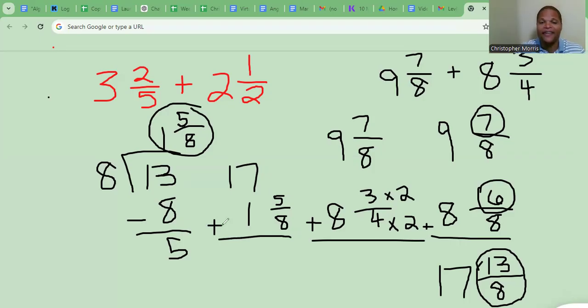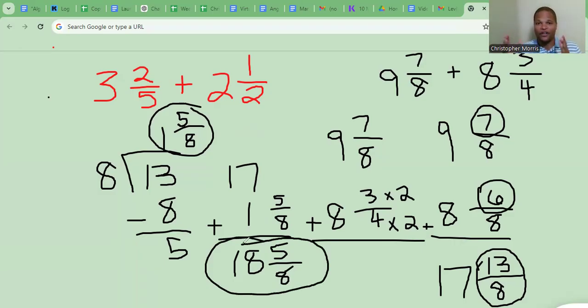The whole number part is just 17 plus 1. That's pretty easy math. That's a total of 18 whole parts, but you still have 5 out of 8, 5/8, left over. So that would be the mixed number. Your final simplified version would be 18 and 5/8. This is what we do when you have a mixed number answer.